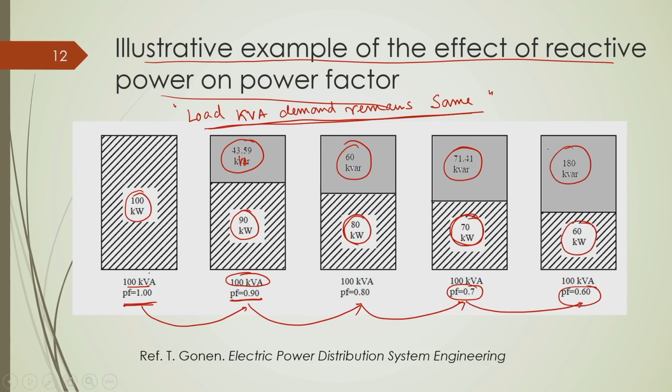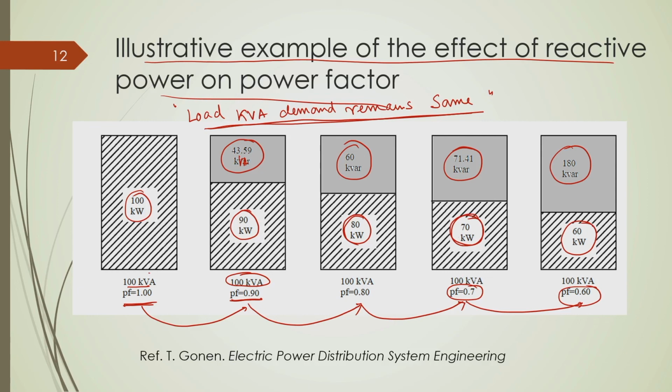So further reduction of power factor will again reduce the active power and increase the reactive power. Now, as an electrical utility, what will it see? The utility generates or provides energy to a load.